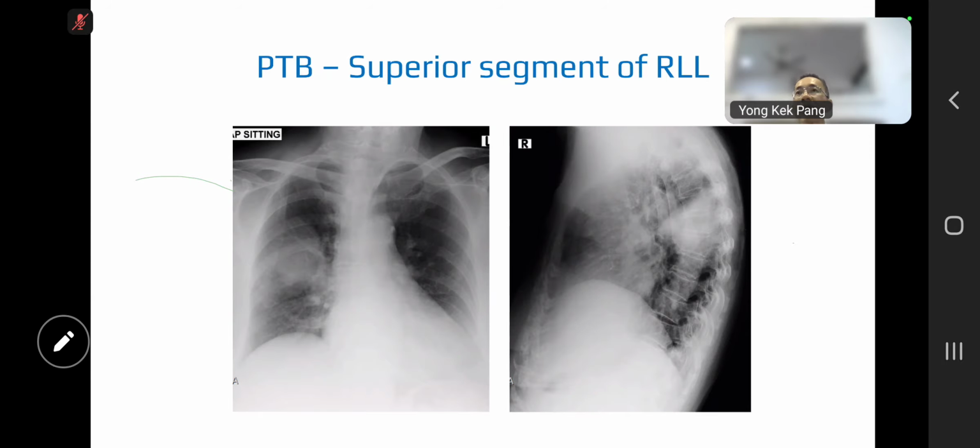But a lateral X-ray will give you a different perspective. Based on the lateral X-ray, this is a consolidation at the superior segment of the right lower lobe. And because it is the tip of the lower lobe, you know that this is TB until proven otherwise.